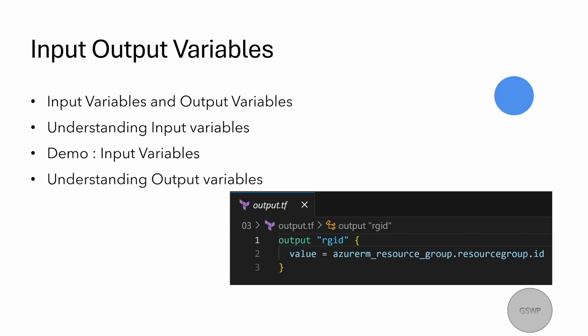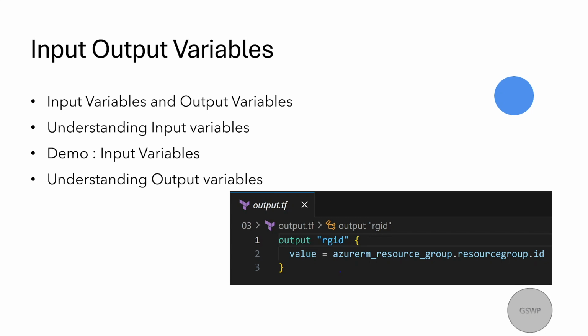Whenever we create a resource group, it will have some properties intact with it. What are those properties? For example, the name of the resource group, where the resource group was created, the resource ID of it, etc.